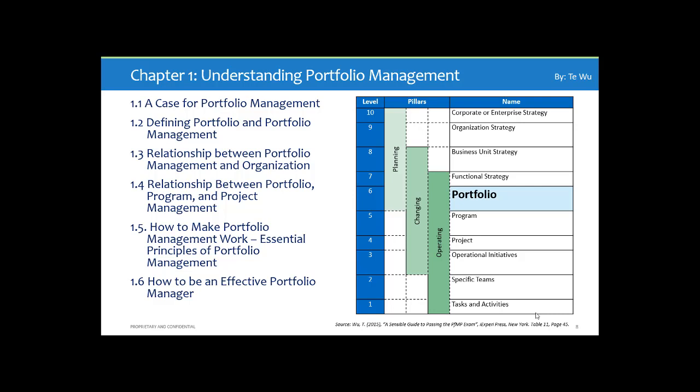Here you also see, which we'll talk about later, the three major pillars of organizational activities: the idea of planning, changing, and operating. Very quickly, planning deals with an organization's plan. Even a mom and pop shop down the street corner selling candies will still have to count how many candies they sold so they can replenish that. In a larger organization, of course, planning activity can be quite significant, including executive offsites, annual budgeting.